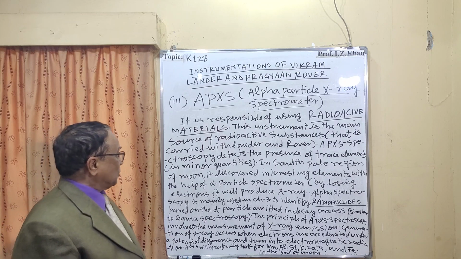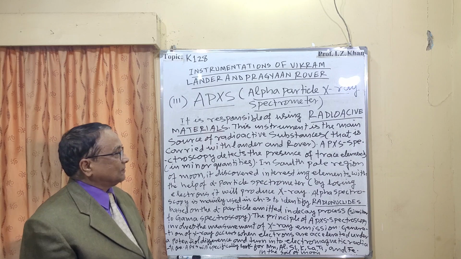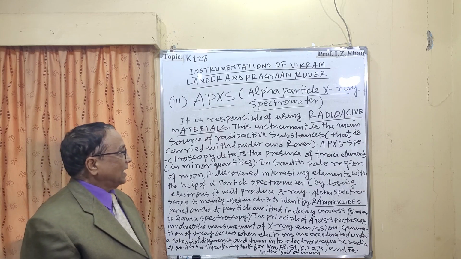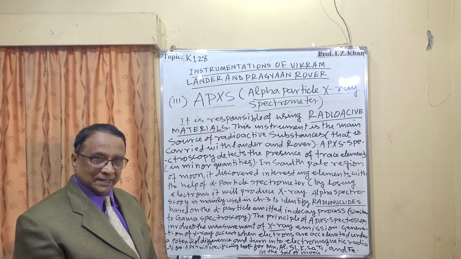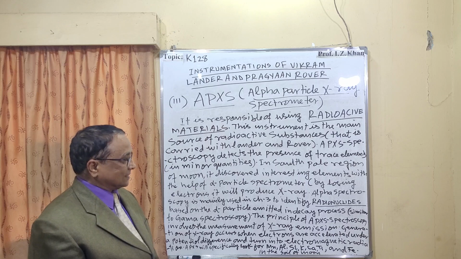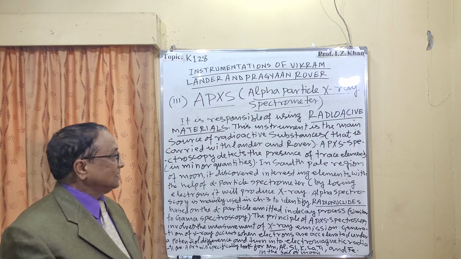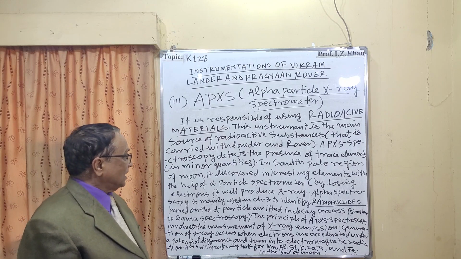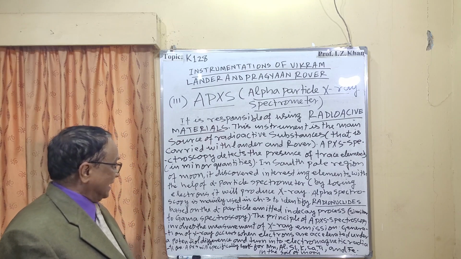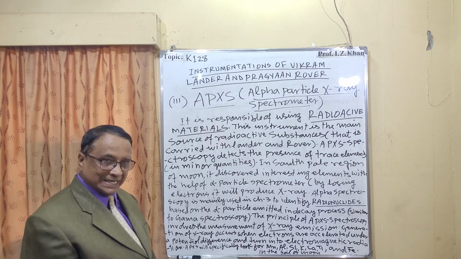APXS spectroscopy detects the presence of trace elements in minor quantities, and in the south pole region of the moon it discovered interesting elements that I have already mentioned with the help of the alpha particle spectrometer. Means by losing electrons it will produce X-ray.